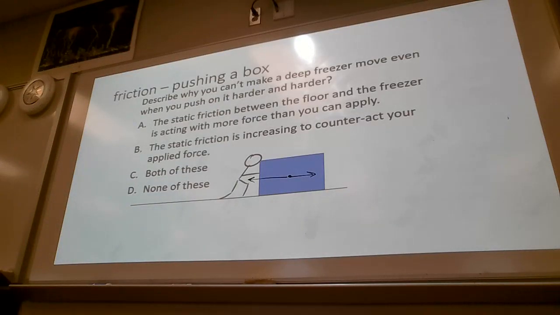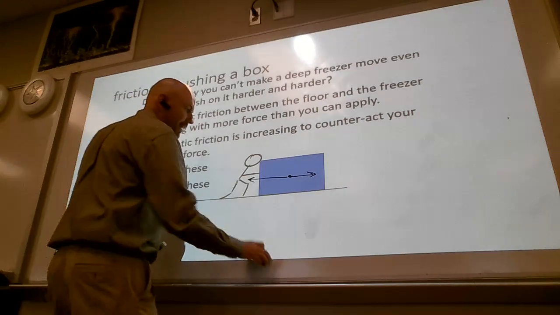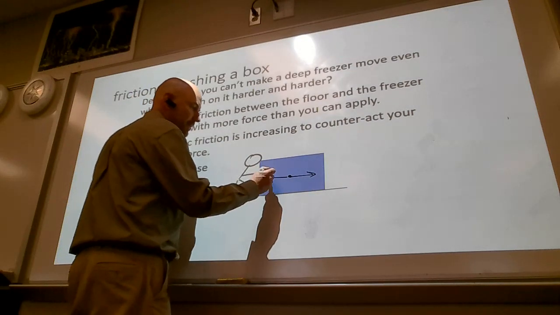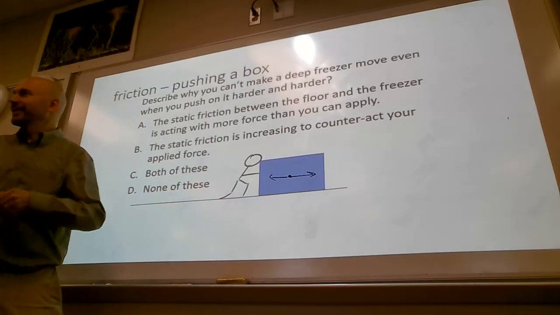It would start accelerating towards you. Boy, you better push that thing. If you don't, it's going to get you. That makes sense? Like, that's silly. It can only push as much as you're pushing. Good?